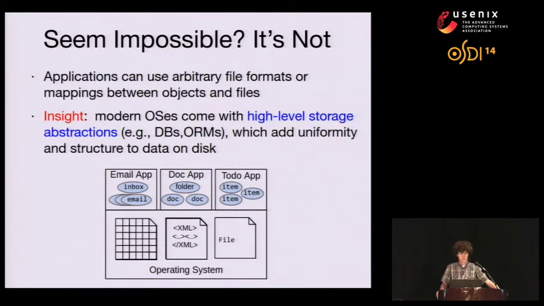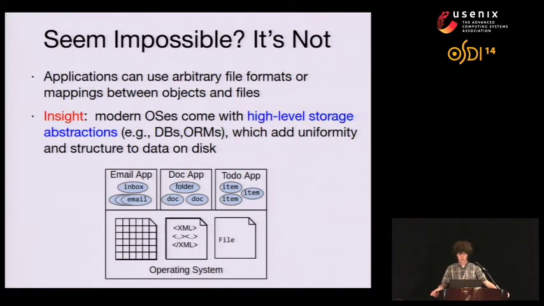Well, it turns out that there's a huge amount of uniformity in how data is structured in modern operating systems, and that is in particular thanks to some high-level storage abstractions such as databases, object relational mappers, and XML key value stores that are popular and prevalent in modern operating systems like iOS and Android. So the way applications store data in these operating systems is not arbitrary at all.